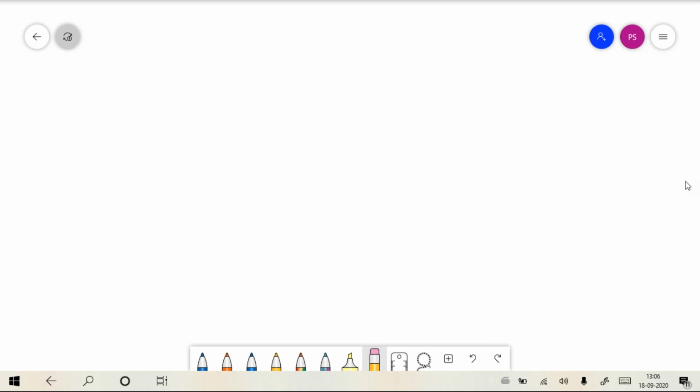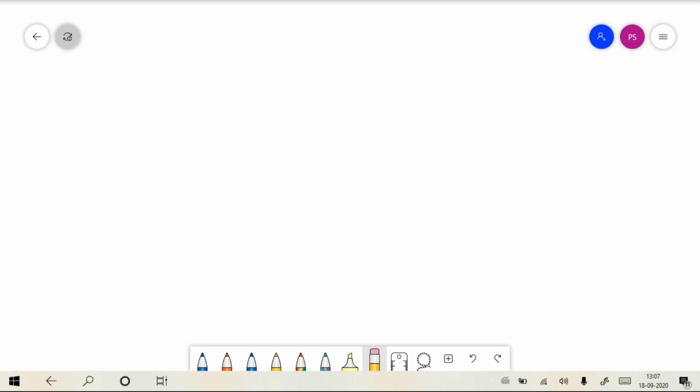Are you able to see the whiteboard now? Yes, Anish. Okay, wait. Now wait. I hope now it would be visible. Hopefully. Okay, thank you. It has been sorted out.